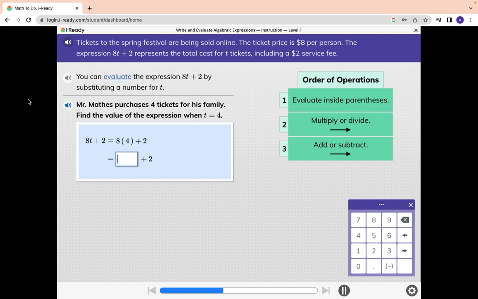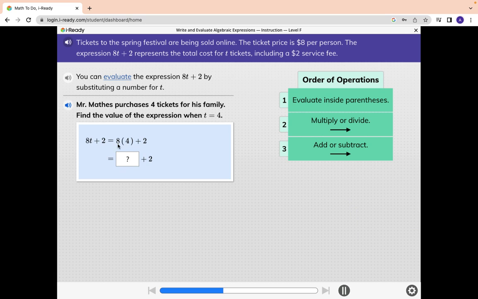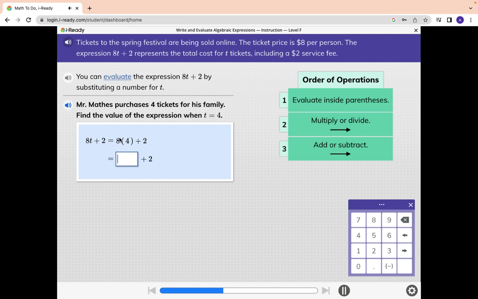Okay, so the order of operations says evaluate inside parentheses, multiply or divide, then add or subtract. So 8 times 4. 8 times 4 is 32, and 32 plus 2 is equal to the total price, which is 34.